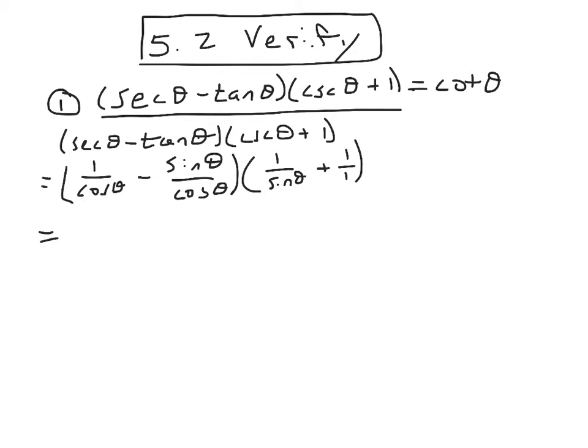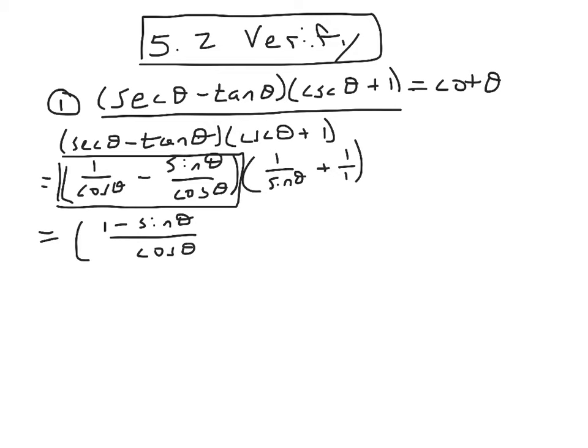Now, if you take a look at this chunk here, I've got a fraction minus a fraction, but notice that those fractions already have a common denominator, so I can go ahead and combine those to 1 minus the sine of theta over the cosine of theta. So that actually simplifies relatively nicely to there.